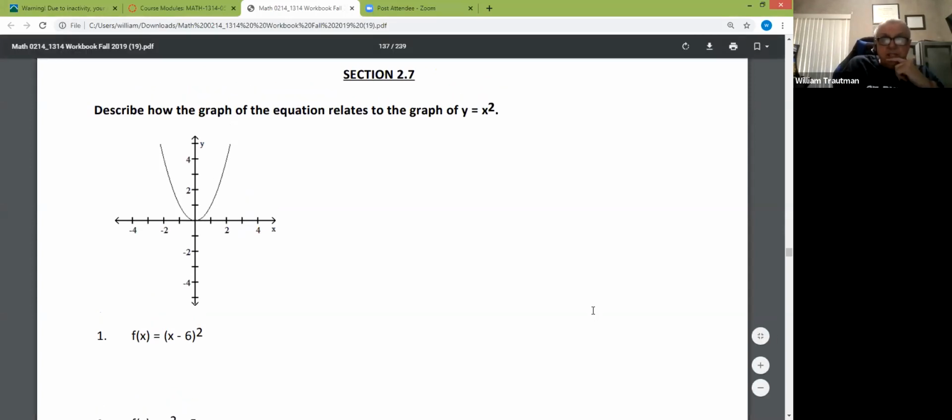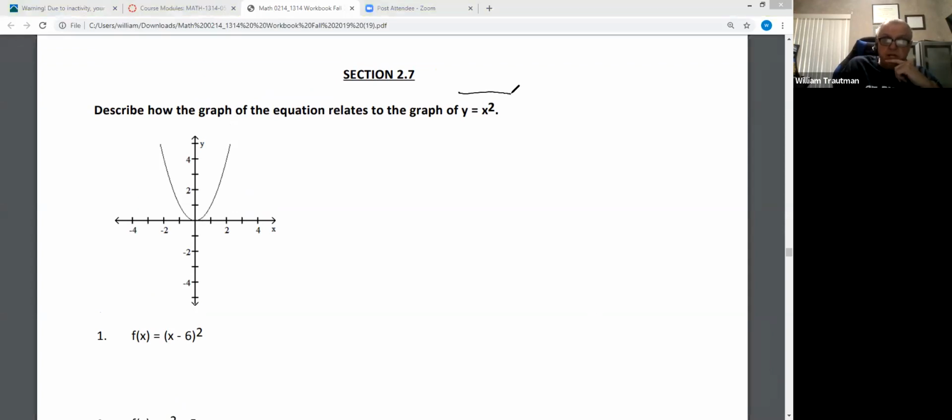And once again, we're starting with our basic graph of y equals x squared. They even show you what the picture looks like. Let me show you how I would graph this really quick. If you just pick some values for x, if x is 0, 1, 2. If x is 0, y equals 0 squared, which is 0. If x is 1, 1 squared is 1.